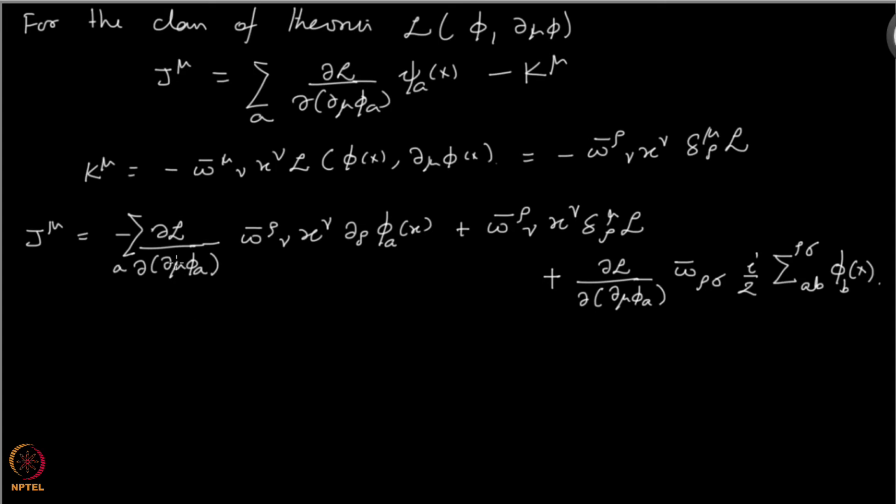And then you have a del mu sitting in the denominator, which is equivalent to having a mu index up. If you have a del mu, this means it transforms like a covariant vector, but if you have del over del mu, this object transforms like a contravariant vector. So that matches with what you have here.